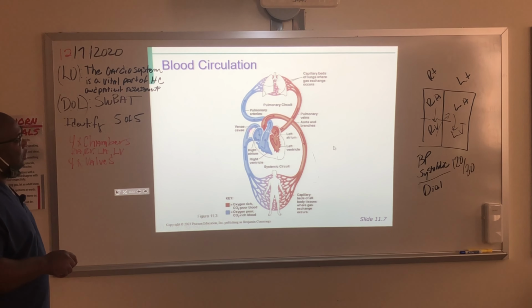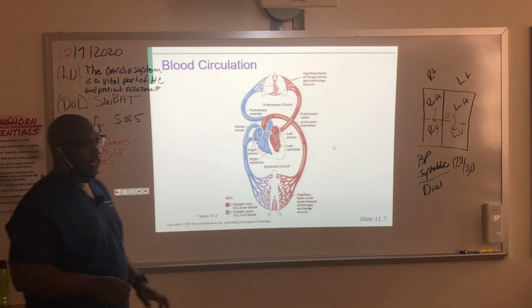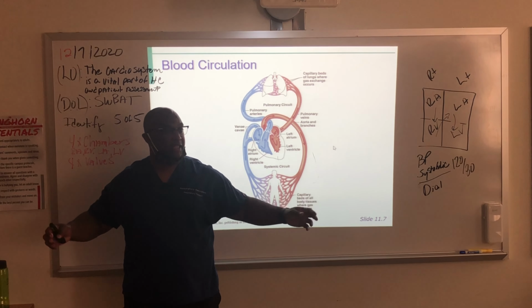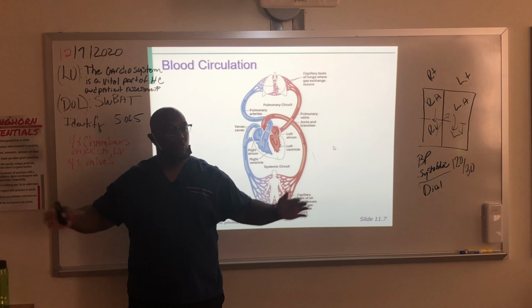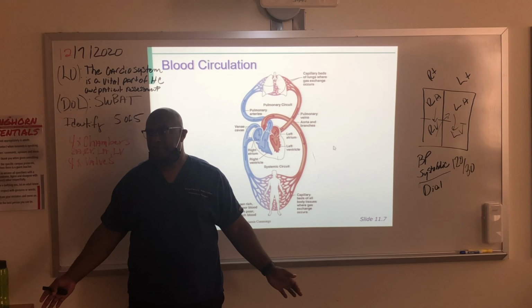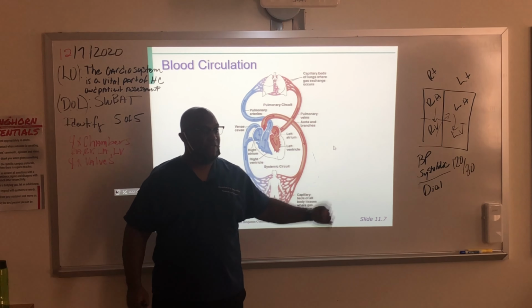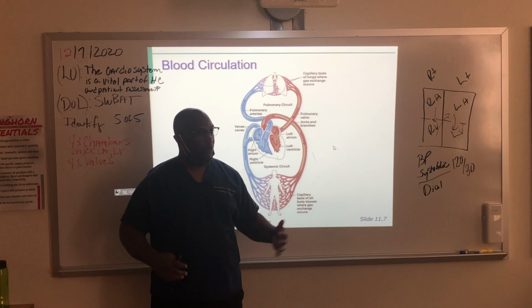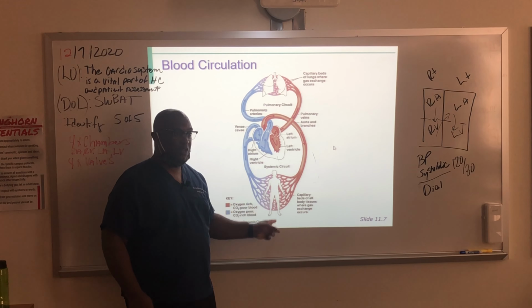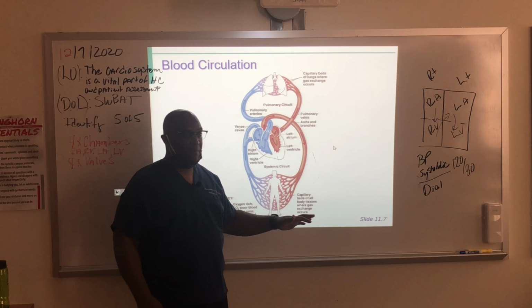We're looking at this circulation in what position? Anatomical position. So this is always my left, this is always my right. This is the way we're looking at the body. That's why that gentleman is standing right here like so.